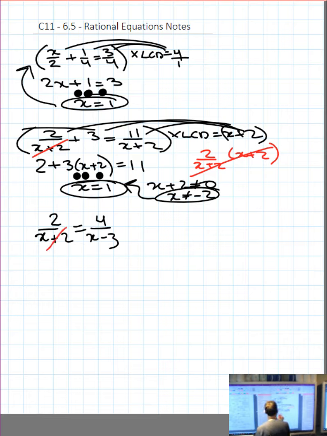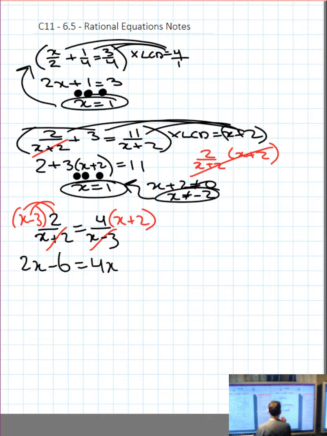X plus 2 is on the bottom left, comes up, cross up and multiply. X minus 3 is on the bottom right, cross up and multiply. Distribute the 2 backwards. 2x minus 6 equals 4x plus 8. Look at the solution, adding and subtracting, multiplying and dividing on both sides. We get x equals -7.